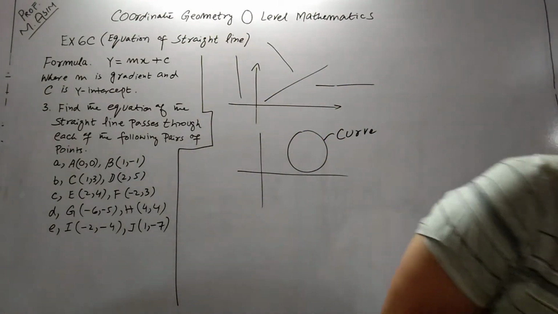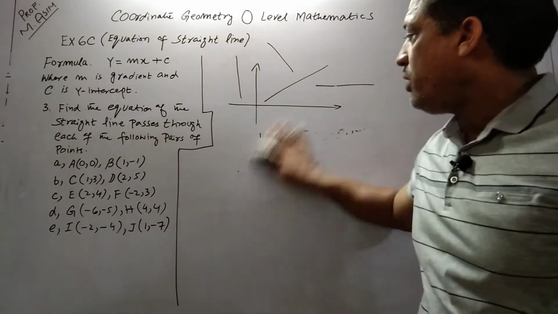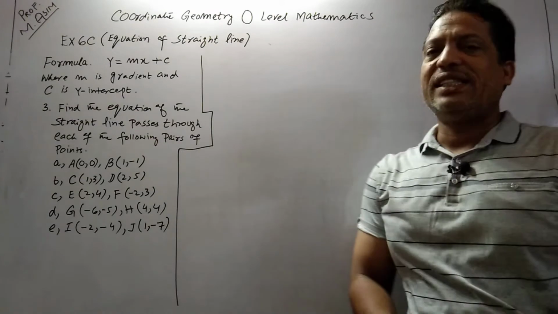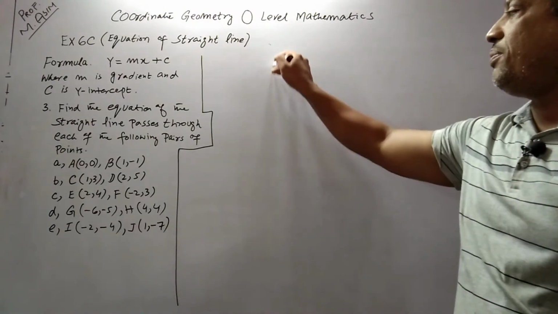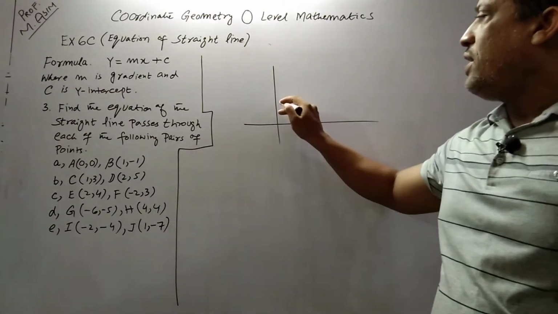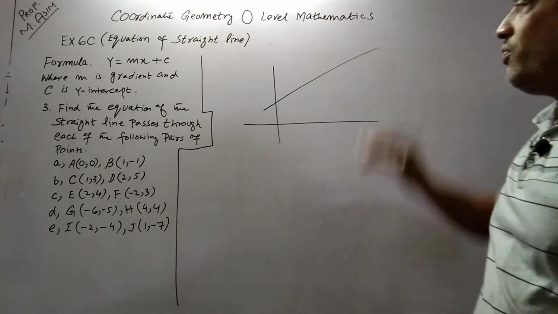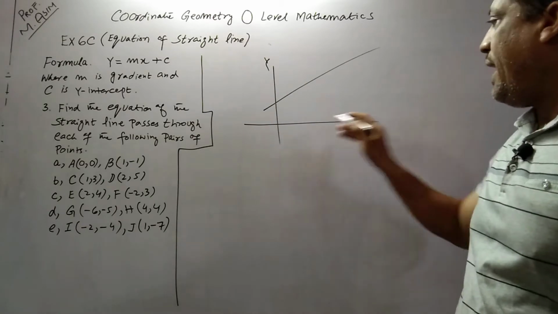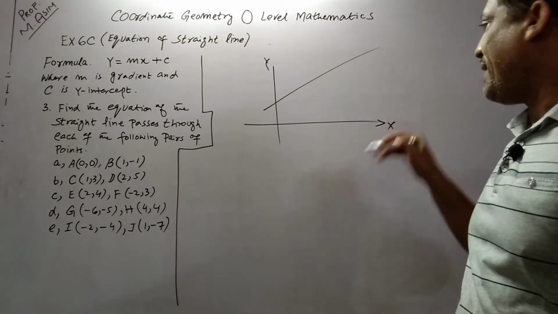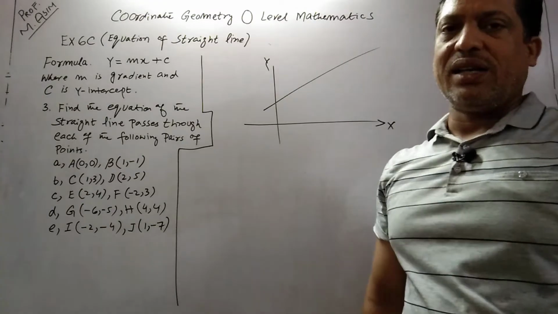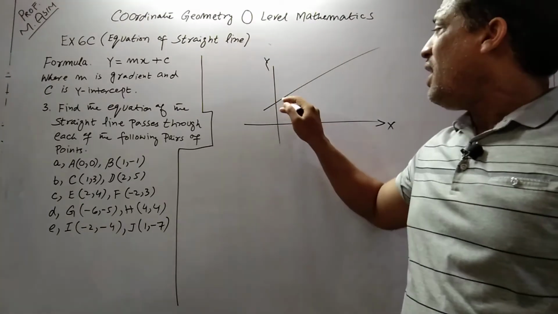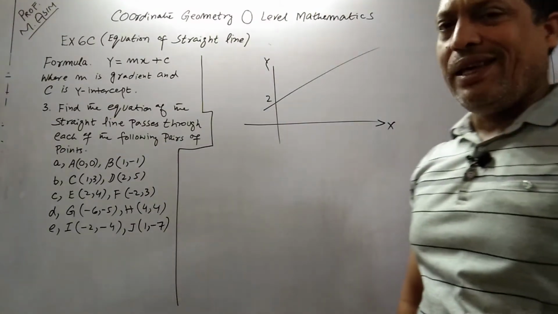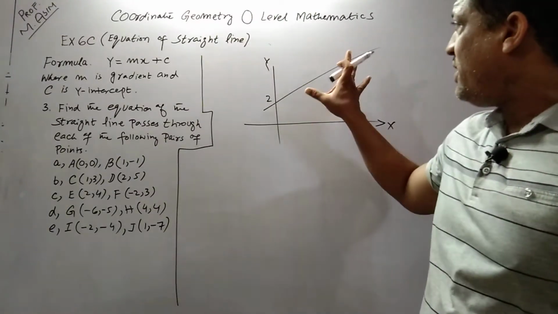Okay, now the second thing is how to define y-intercept. Y-intercept means c. For example, this is the graph of our straight line, this is the y-axis and this is the x-axis. If someone asks you, and for example this point is 2, what is the y-intercept of this line?